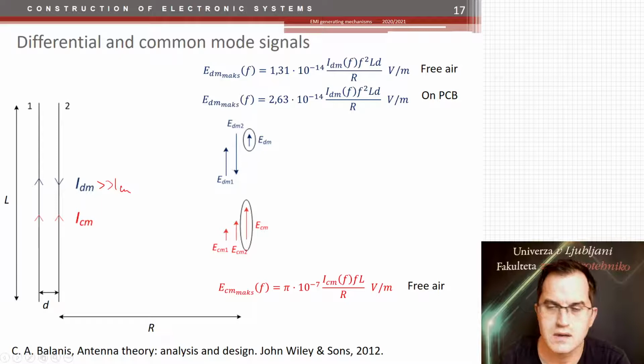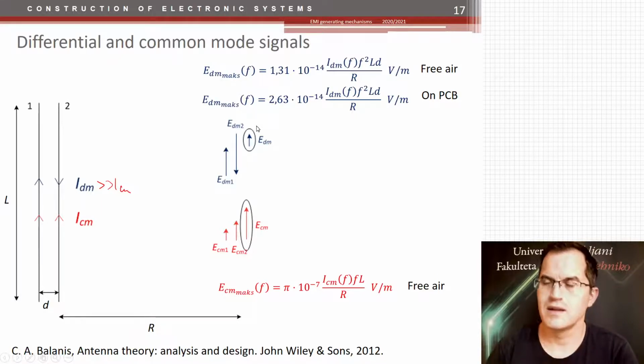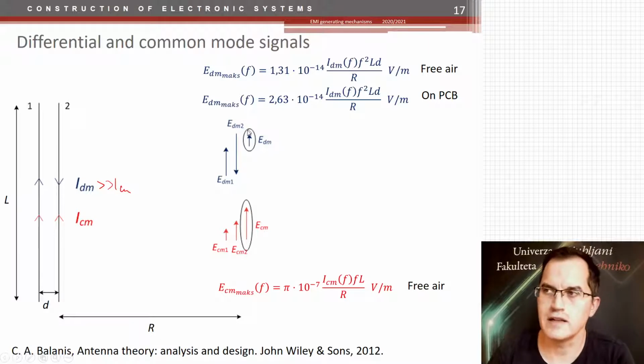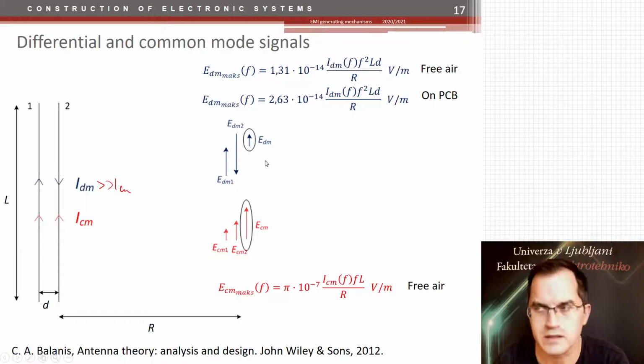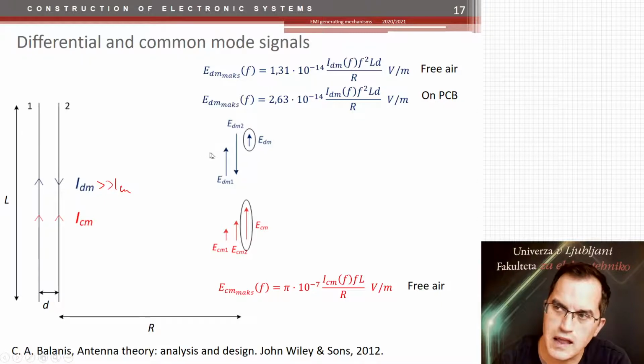So that means that the portion that is still left for these two electric fields is very small. And it is smaller if these two currents are more similar. And it is smaller if these two lines are closer together and further away. Because the electric field strength drops with the distance from these two lines.